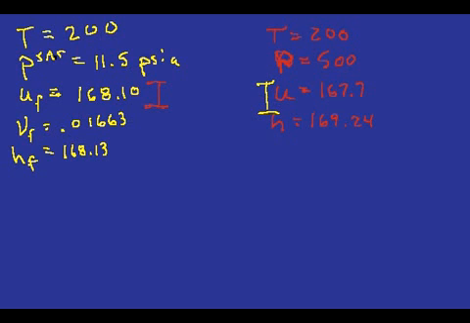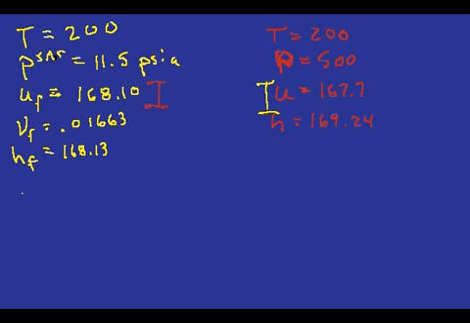But you notice that there is a fair amount of difference going from HF to H. If we approximated H to be 169.24, we're missing it by a little over 1 BTU per pound, and that may not be acceptable. In the case of calculating the work for a pump, that may be the most important part. So let me show you how I'd make that correction.